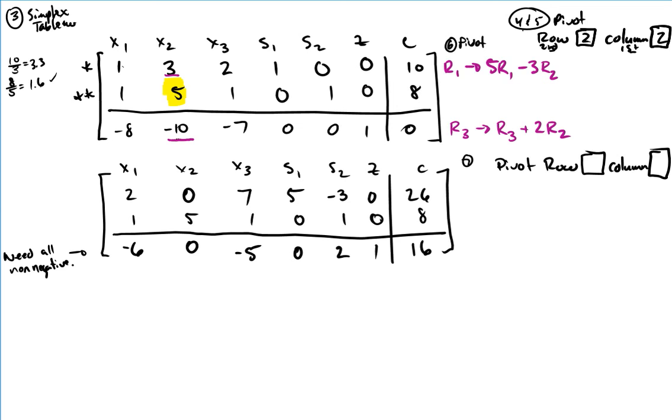And still, the breakdown is the same, where I look at the column first. The most negative is right here in this bottom row. And then doing our quick arithmetic, the 26 divided by 2 would be 13. And then 8 divided by 1 is 8. So 8's smaller.